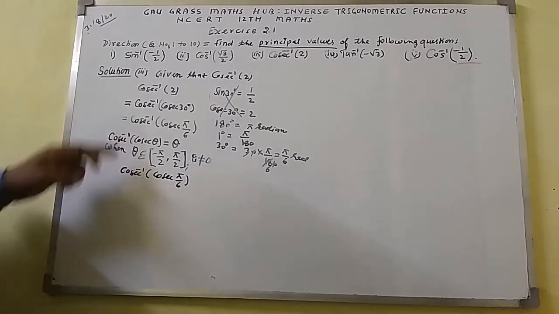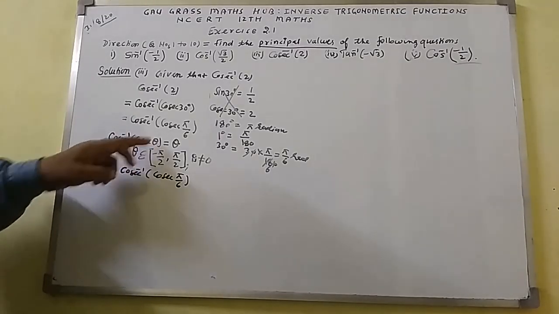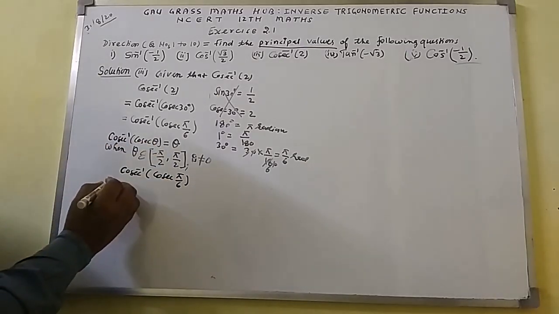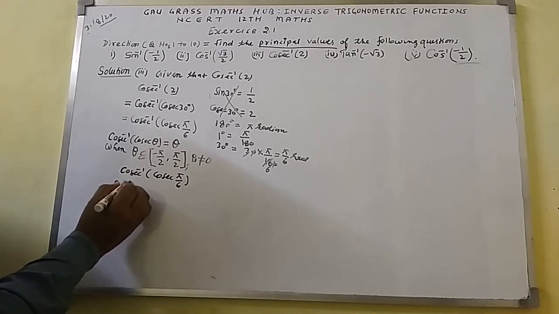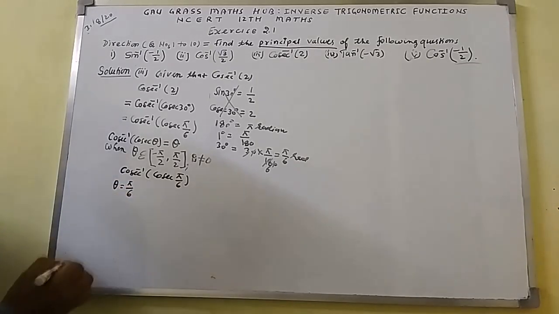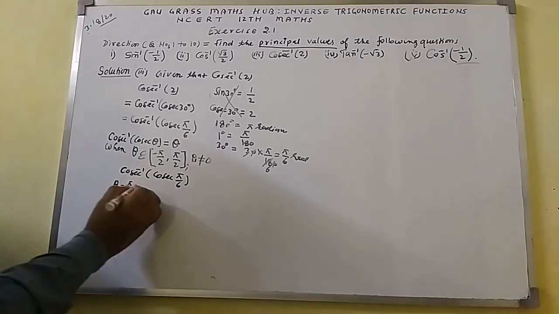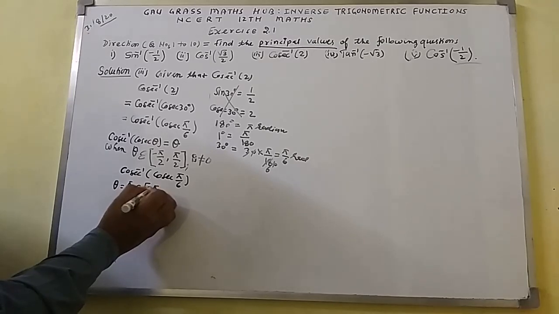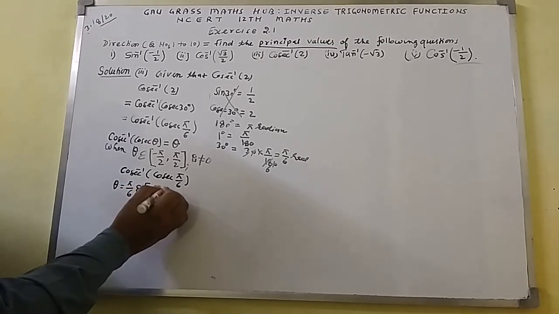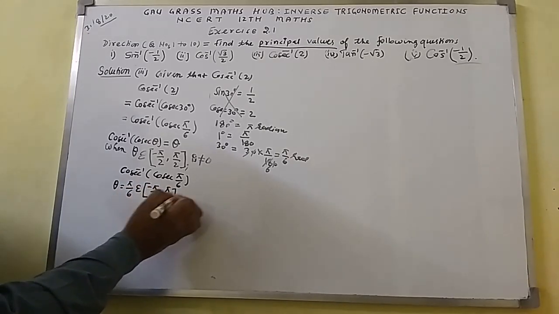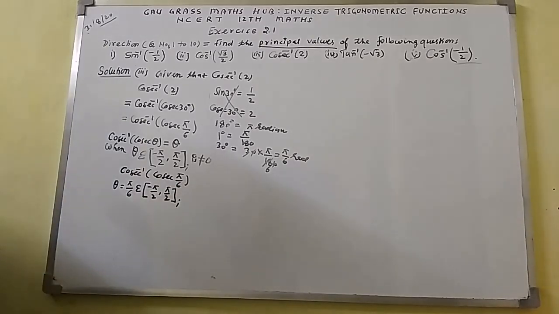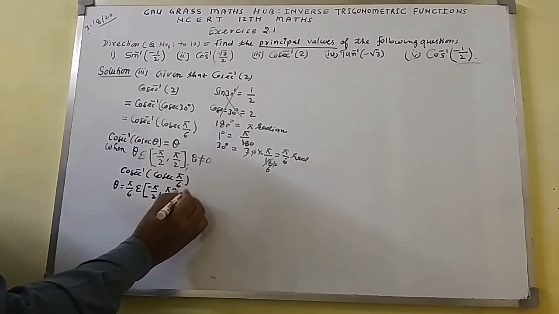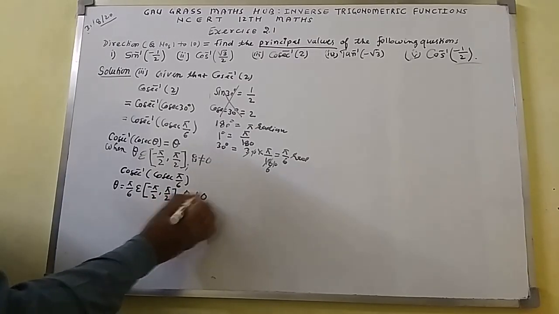Here you can see cosec inverse, cosec theta, cosec pi by 6. This means that theta is equal to pi by 6. So theta is equal to pi by 6 will be there. This pi by 6 will belong to closed interval minus pi by 2 comma pi by 2; theta not equal to 0.